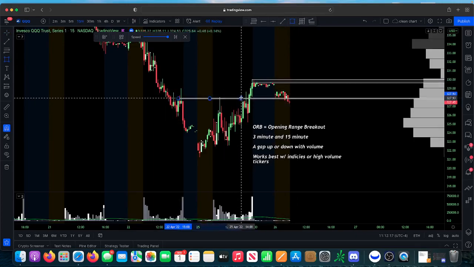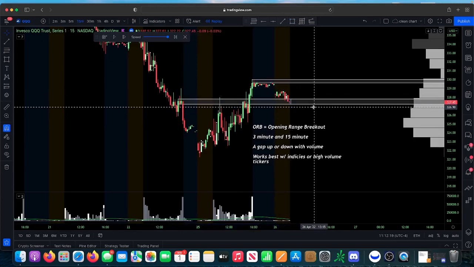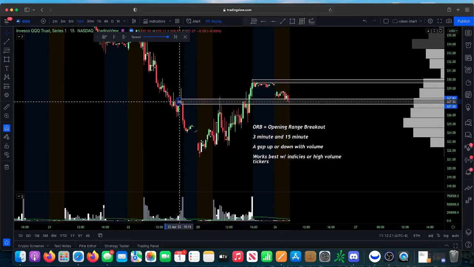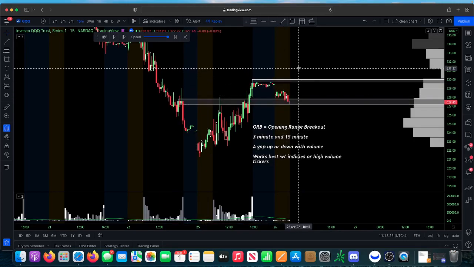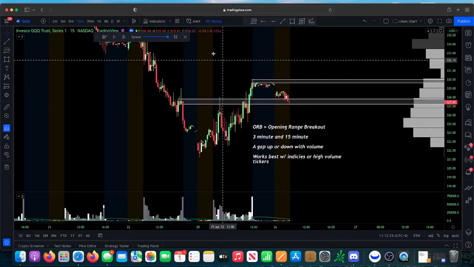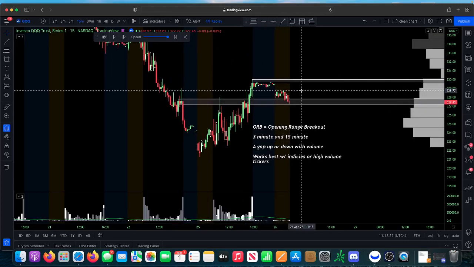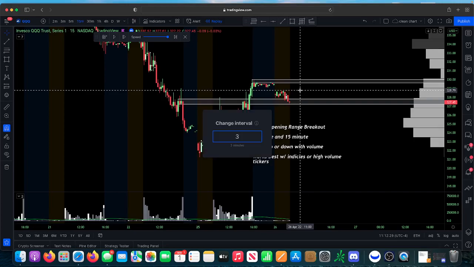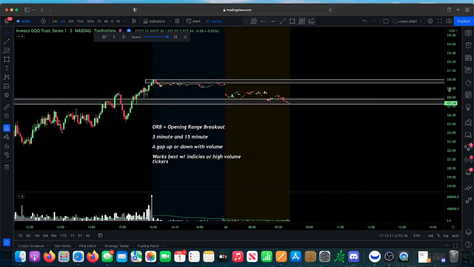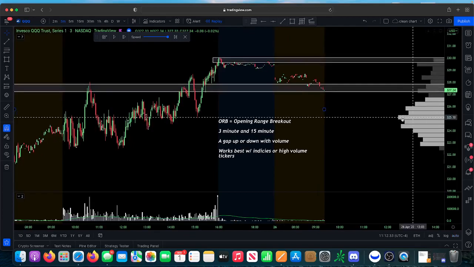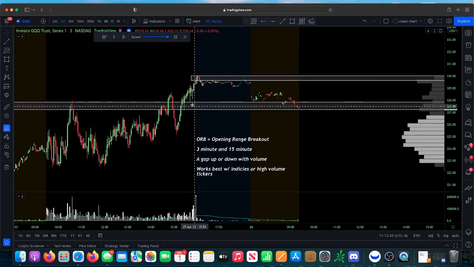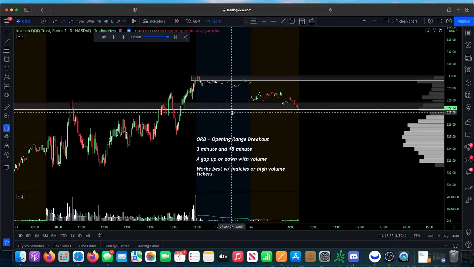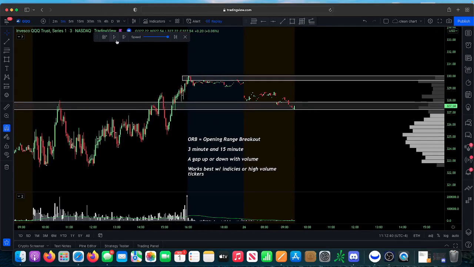We have a little bit of a demand, pre-market demand, but not much. So I would mark those out on the 15, and then we'll go back to the 3. So now we're ready at open. We got some key levels marked. So let's see how we open.